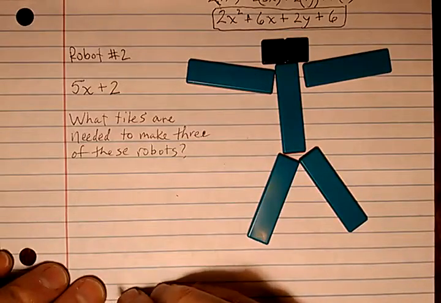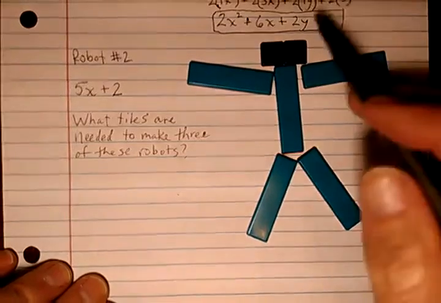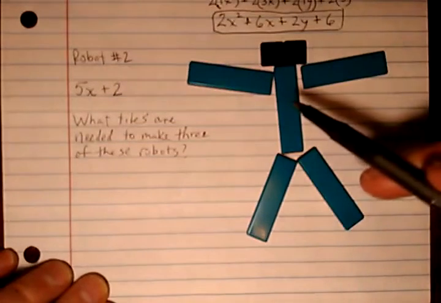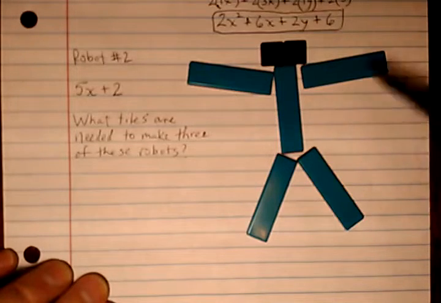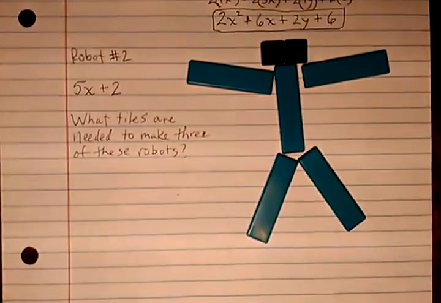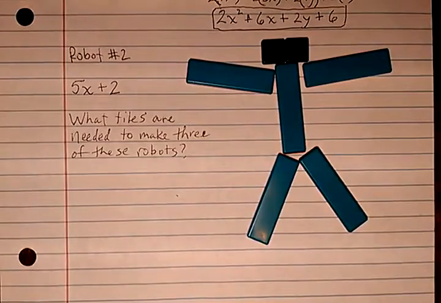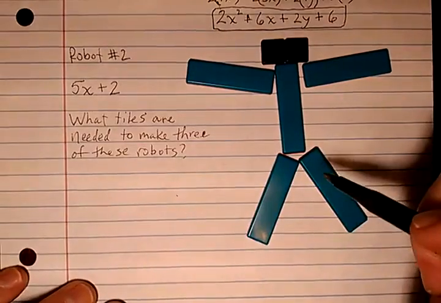What tiles would we need to make 3 of those? We know what it takes to make 1, but in order to make 3 of them, we're going to need to multiply times 3. So go ahead and what I think you should do now is pause the video.